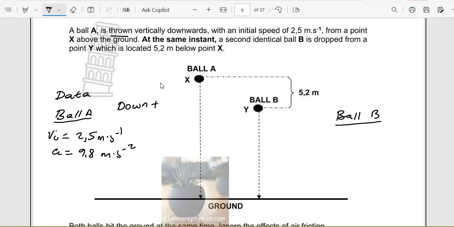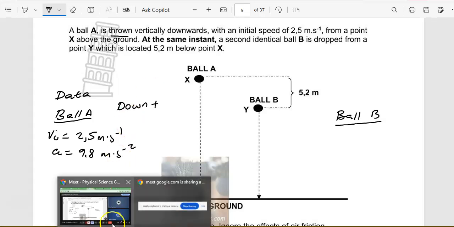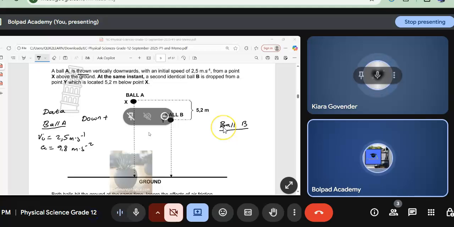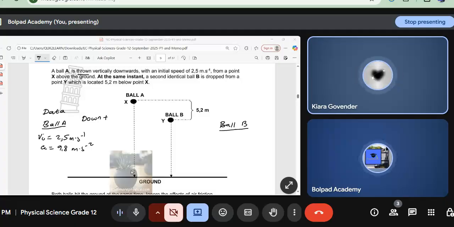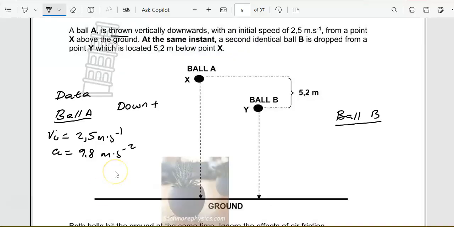If you drop something, what is the V initial? Come on, Kiara, I trust you're going to give me the right answer. When you drop something, what is the V initial? 0, exactly. So V initial for B will be 0 meters per second.